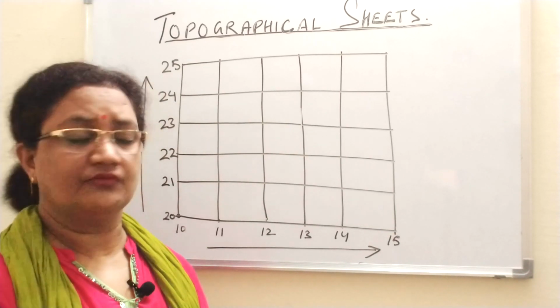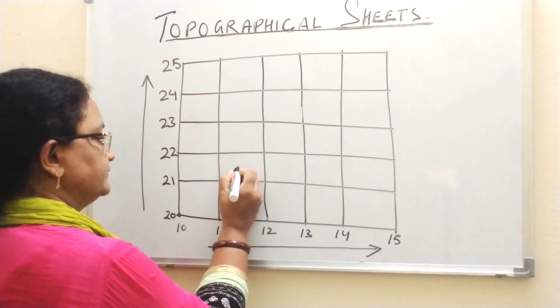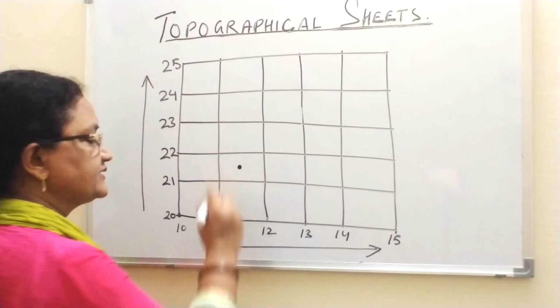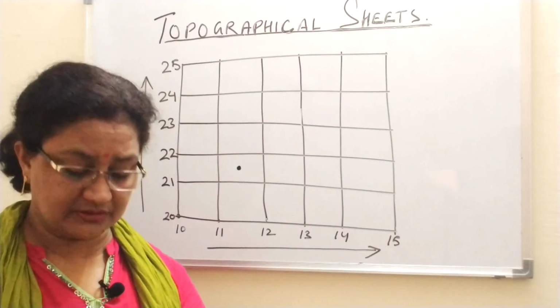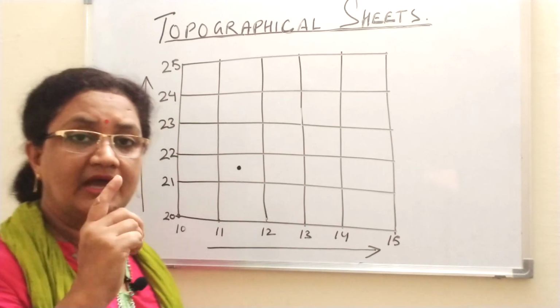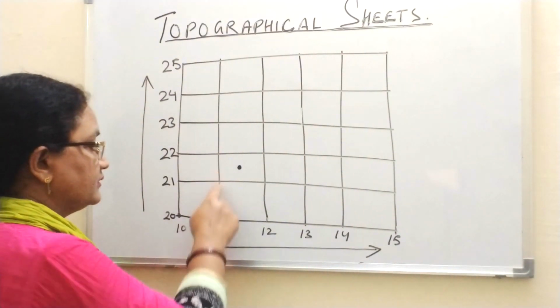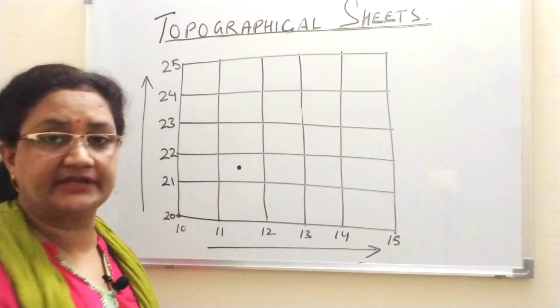Suppose we have to locate any place which is lying here in this grid square. Now how to locate it? How to give the grid reference of it? For that, you have to mention the easting first and the northing after that.